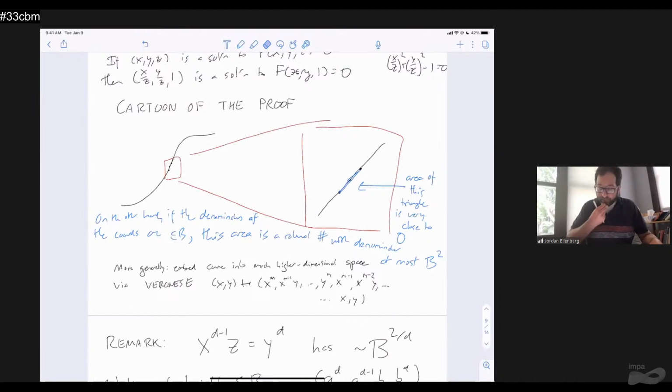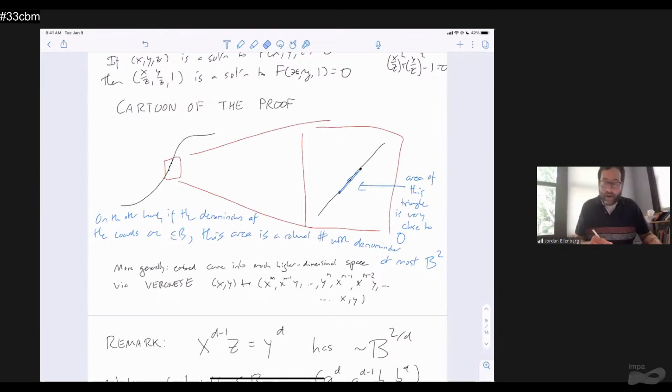And that actually tells you a lot, because what I've said is if I make this little patch small enough, then literally all the points inside this patch lie on a line. On the other hand, they also lie on this curve.